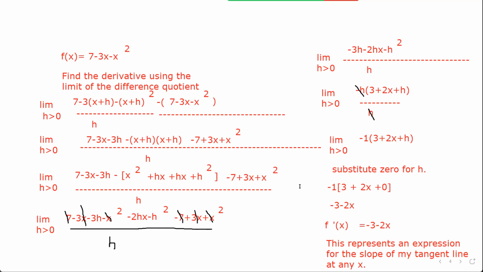I wanted you to see where, remember I told you I thought this is where it was going? You have now arrived. So let me show you something. 7 minus 3x minus x squared.